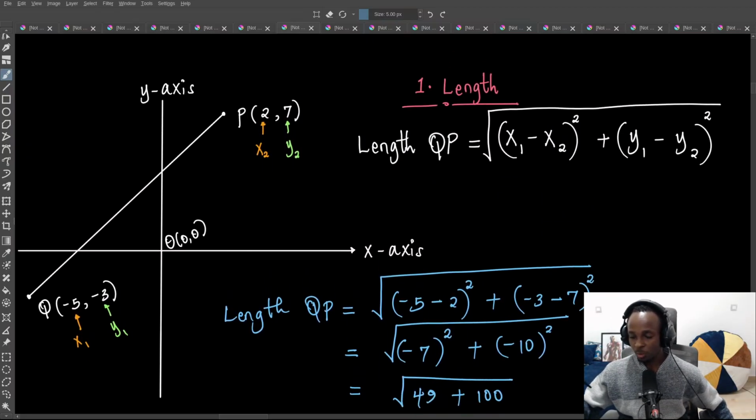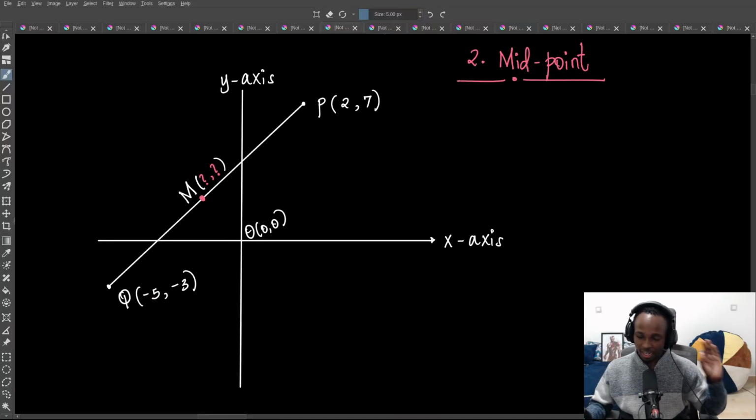Now, the length was our first point. That is the first thing we need to learn about a line. The next thing that we need to know about a line is its midpoint. We want to find the coordinates of the point M, this one right here. So M is exactly at the center of Q and P. What are the coordinates of M?